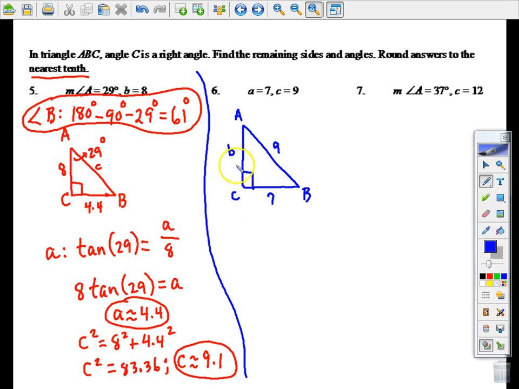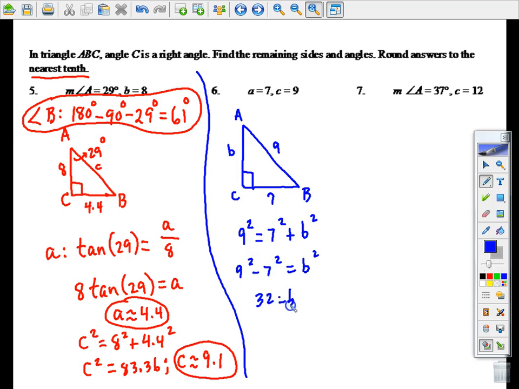And once again, we'll use the Pythagorean theorem. So the hypotenuse squared is equal to one leg squared plus the other leg squared. Okay, calculator. We're going to solve for b squared. We'll subtract 7 squared. So 9 squared minus 7 squared is 32.